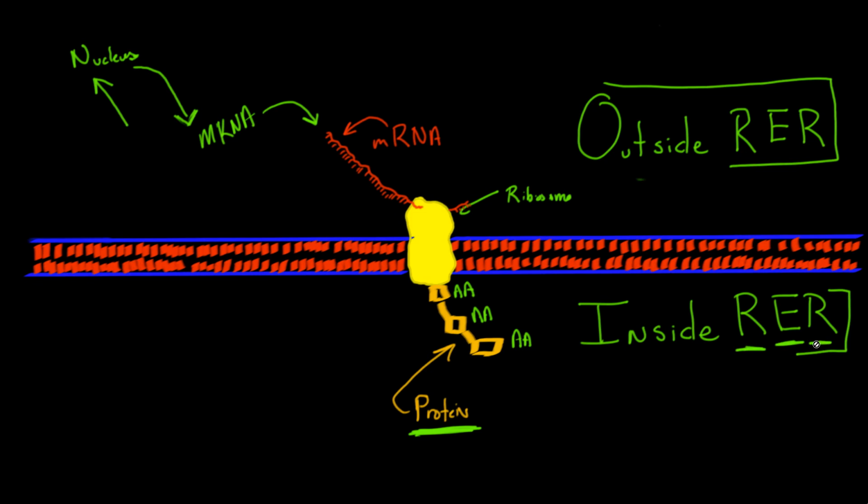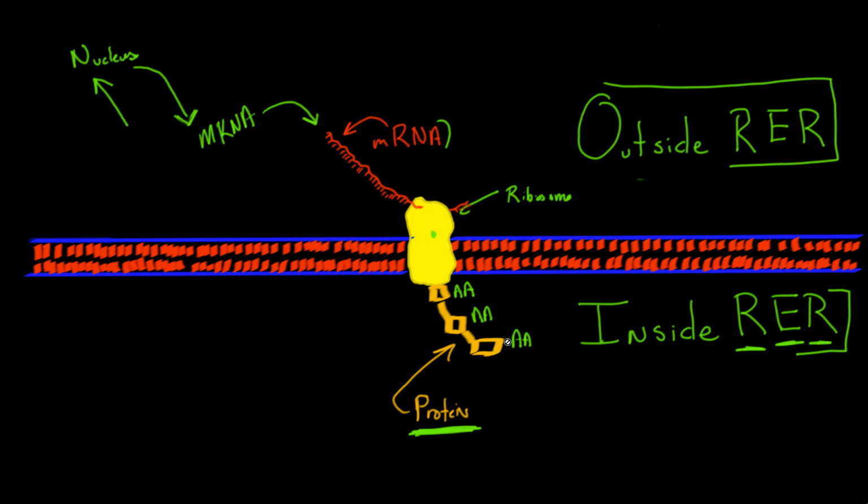Again, we are making protein inside of our rough ER because mRNA from the nucleus is sitting on the outside and moving through the ribosome, shown in yellow here, and as it moves through the ribosome, it makes the amino acids come out the other side inside of the rough endoplasmic reticulum.